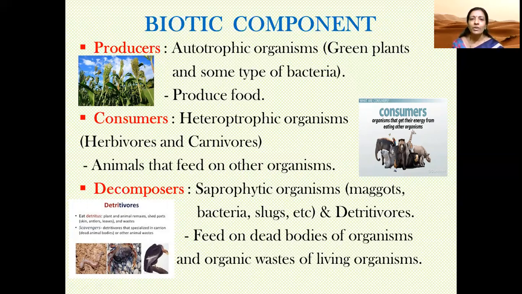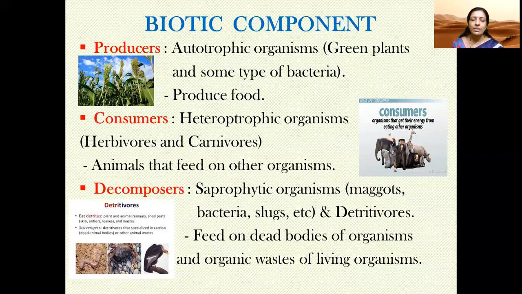Consumers are heterotrophic organisms, that is, herbivores and carnivores. Herbivores are animals which feed on plants, and carnivores are those animals which feed on other animals. So, animals which feed on other organisms for their food are known as consumers.